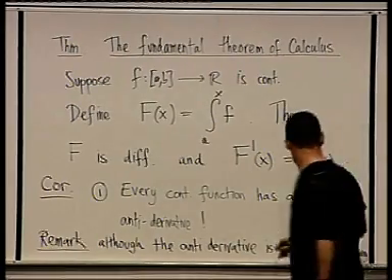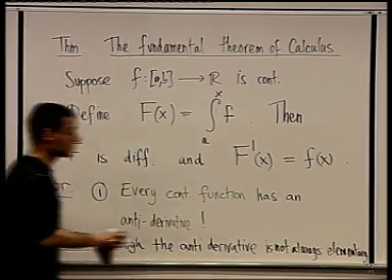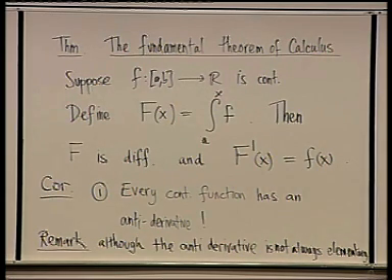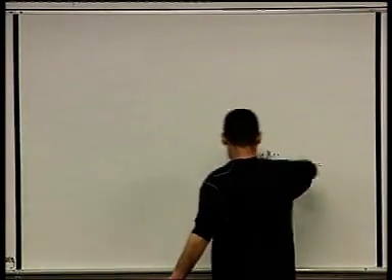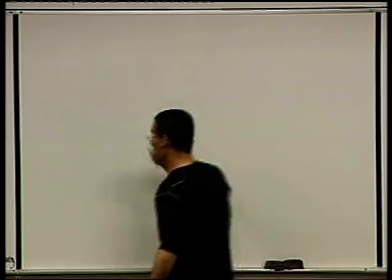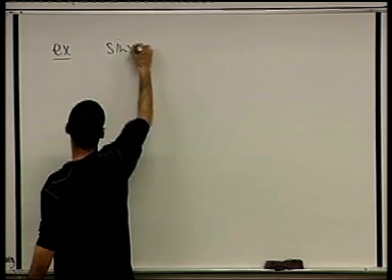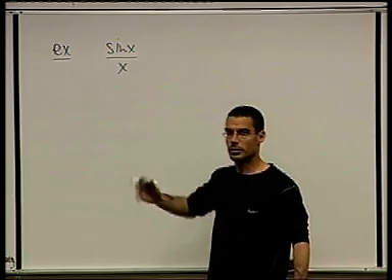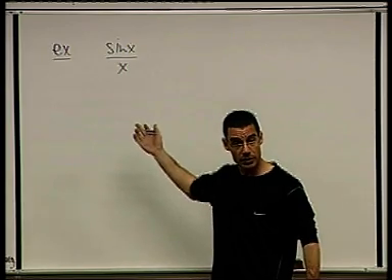Okay? So for example, there are some classic examples. Maybe I even mentioned some of them. So for example, sine x over x is continuous on, let's say, the open interval 0, 1, or on 1, 2, doesn't matter, it's continuous, right?